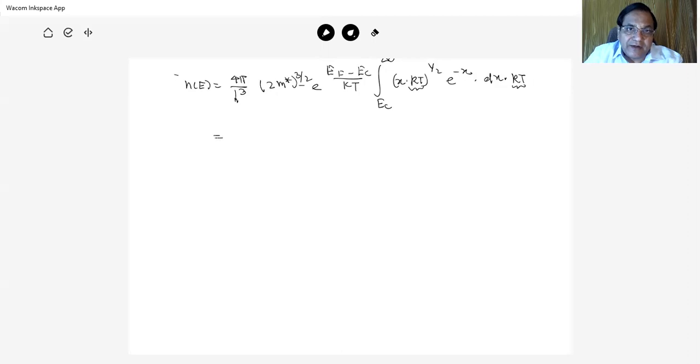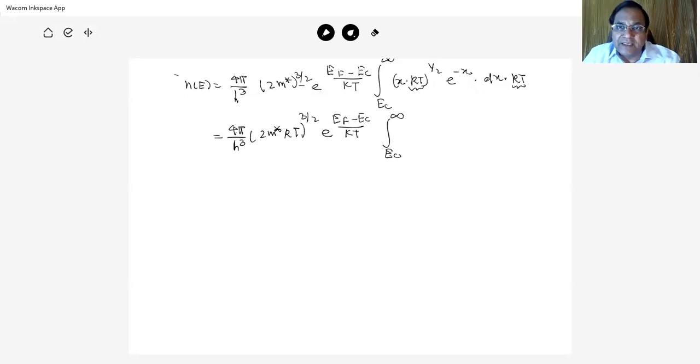So we can rearrange: 4 pi upon h cube, (2 m star kT)^(3/2), e raised to the power (Ef minus Ec) upon kT, integral from 0 to infinity of root x e raised to the power minus x dx. So this part of the integral is a standard integral.